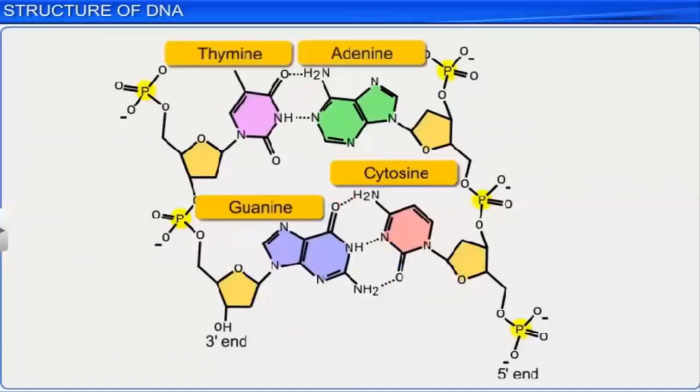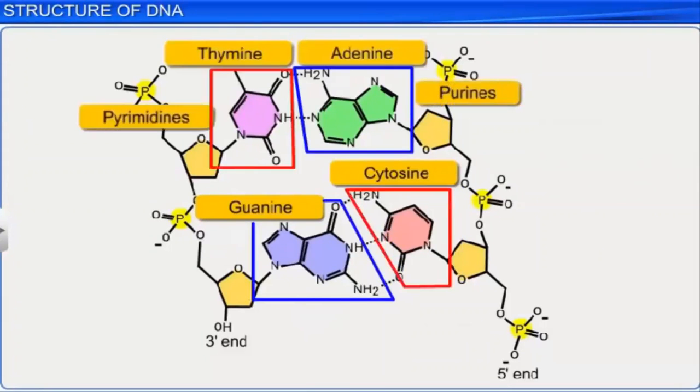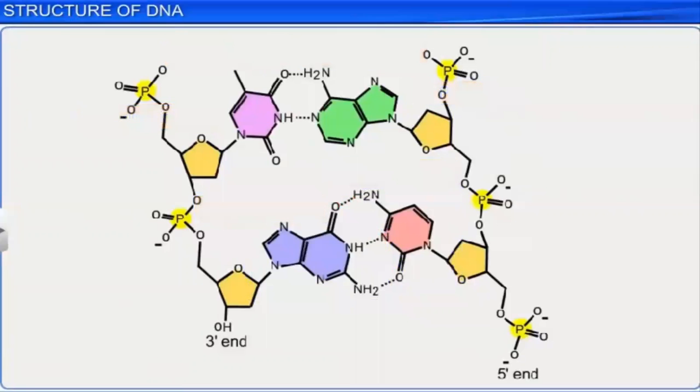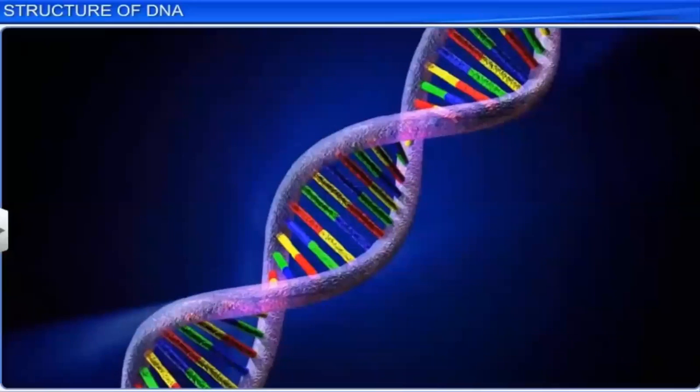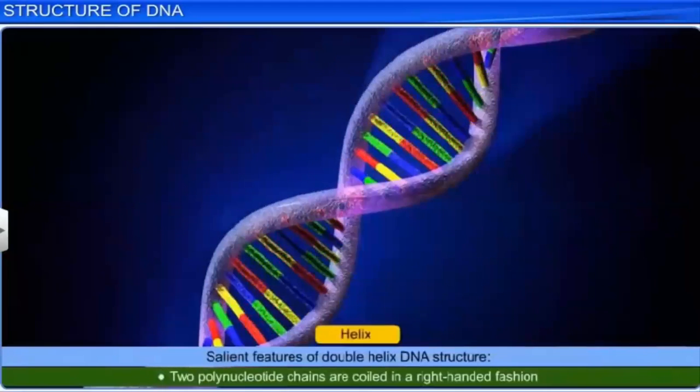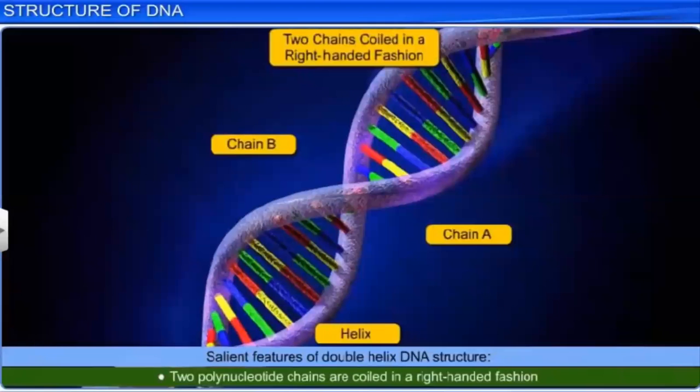Because of this structure, a purine always comes opposite to a pyrimidine, which results in a uniform distance being maintained between the two helix strands. Another salient feature of the helix structure is that the two chains are coiled in a right-handed fashion.